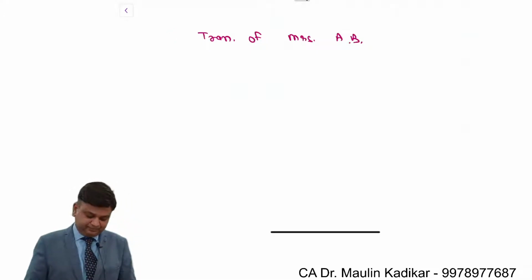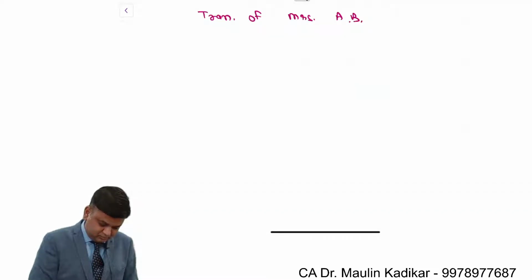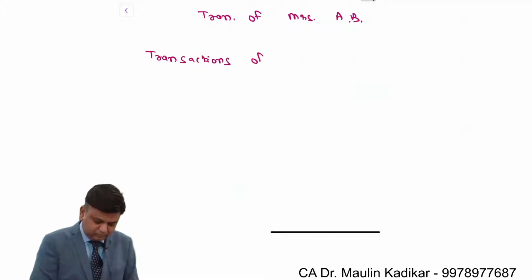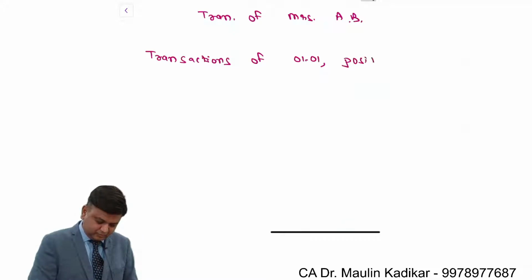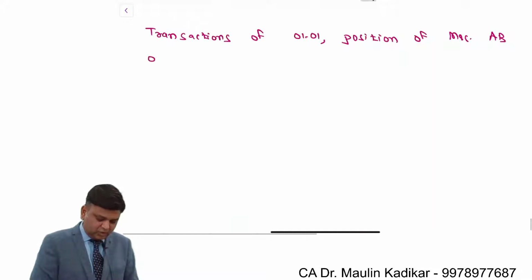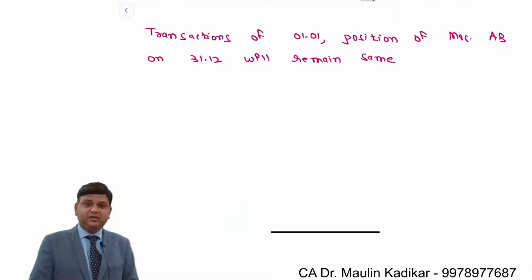In that write down transactions of 1st of January, comma, position of Mrs. AB on 31st of December will remain same as calculated in previous question.